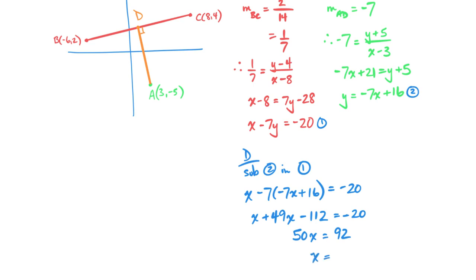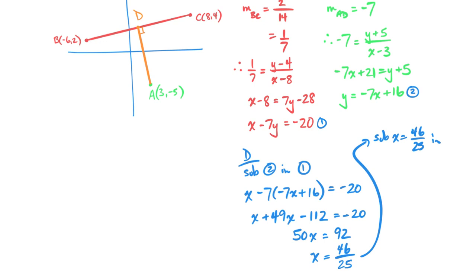I can now reduce that fraction and get 46 over 25. A nice, neat x-coordinate. Ugh, that's ugly. Okay, I can now take my x value of 46 over 25 and sub it back in.